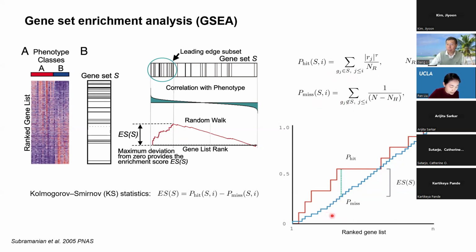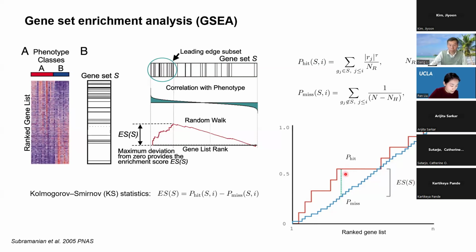Well, we can see that this P-hit will increase whenever we meet a gene that is inside the gene set S. And on the other hand, this P-miss will increase whenever we meet a gene that is not inside this gene set S. And here the increment of P-hit would be this r_j, which is basically the weight you assign to each gene. For example, you can give genes that are strongly related to the phenotypes higher weights, which means you place more emphasis on that.